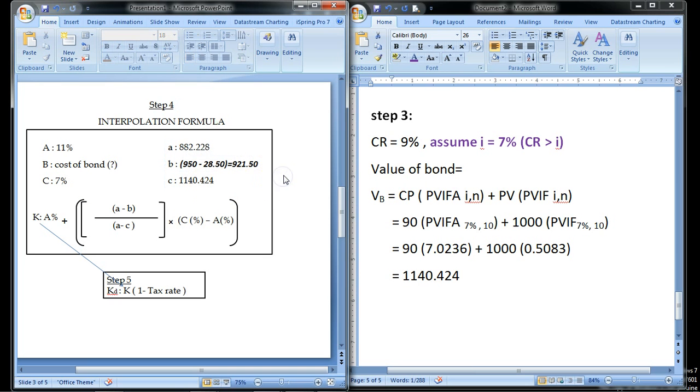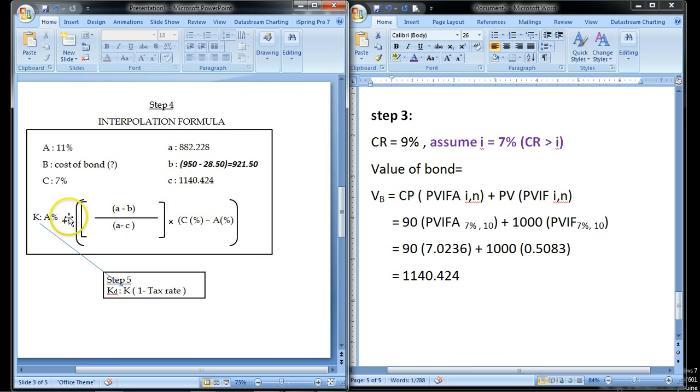To make sure your calculation is correct, make sure you see 7 to 11, 882, 921, 1140 is increasing. Or it can be like 1900, 800. You cannot be like 800, 900, suddenly 800. You get my point, right? Make sure A, B, C is increasing or decreasing. If it goes 800, 900, suddenly 800, that means your calculation is wrong. The correct one is A is 800, B 900, and C is 1000. It's an increasing trend, or it can be a decreasing trend also.